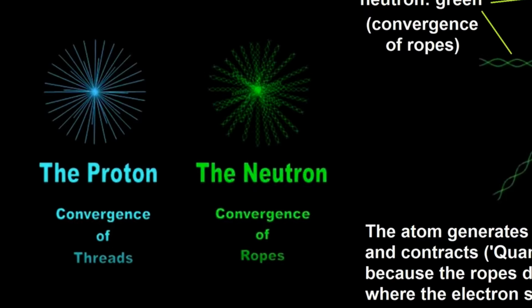That's the difference: the atom has charge because the electron shell is pumping, coming back and forth, doing its quantum jump. It's falling in and falling out, compressing and expanding. And a neutron doesn't have that same shell around it. So the neutron's just a convergence of ropes, and there's nothing happening other than it's just there.